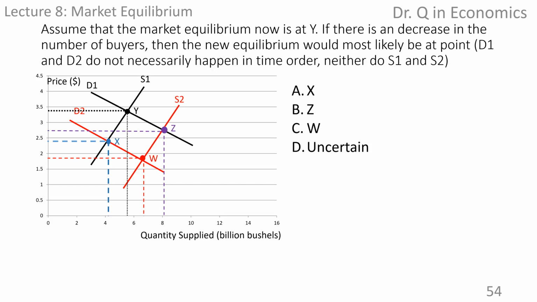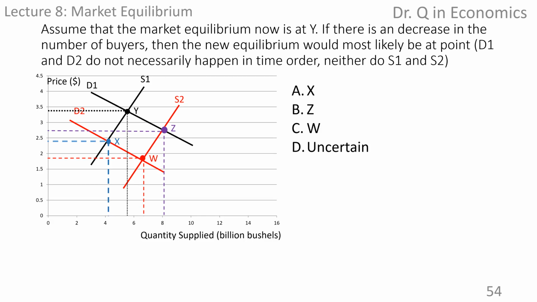Third one, pause and come back. Alright, this one tests determinants again. It says that we're at Y, the crossing point of D1 and S1. Then there is a decrease in the number of buyers.